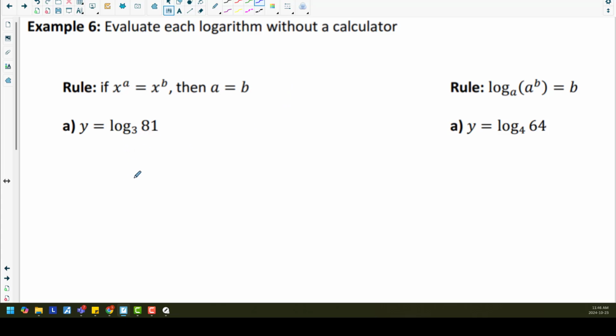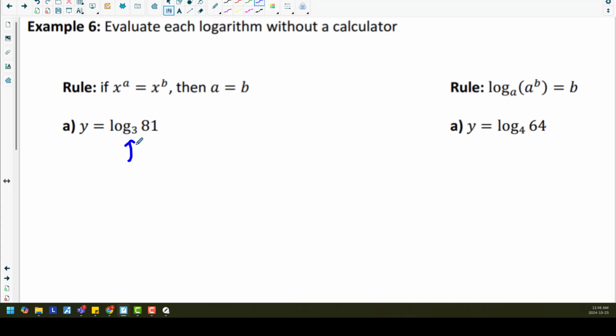What does that mean? It's a good question. Basically, they're looking for... Okay, let's rewrite this in exponential form.